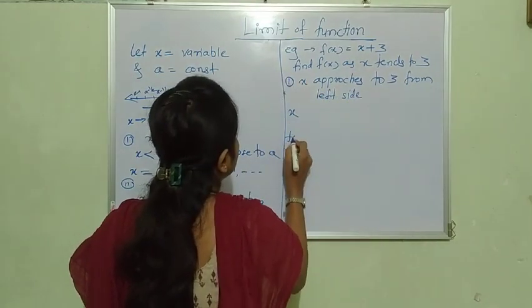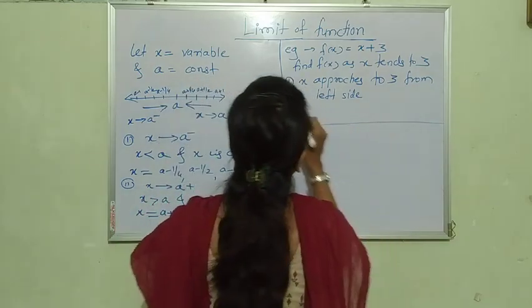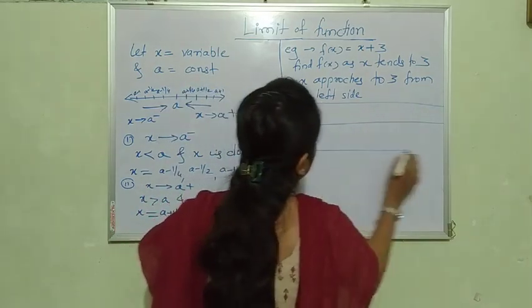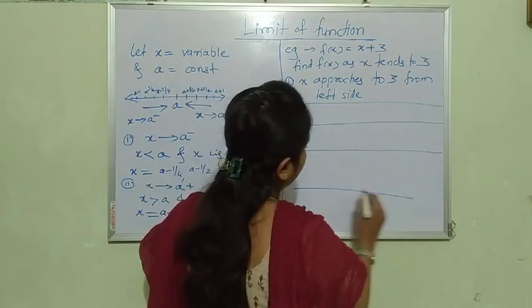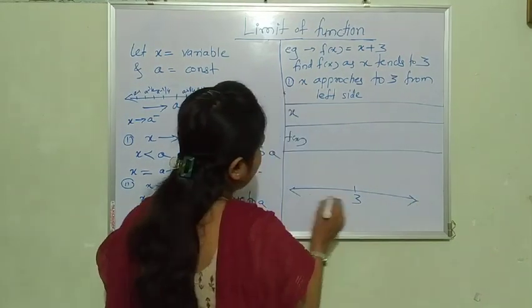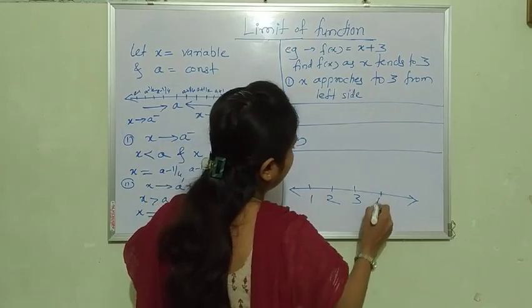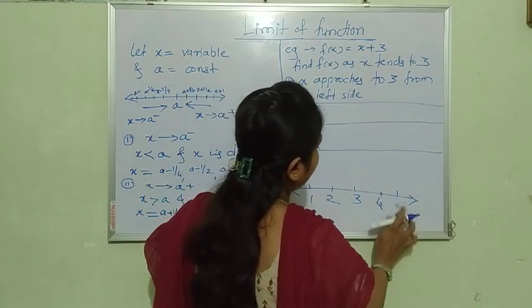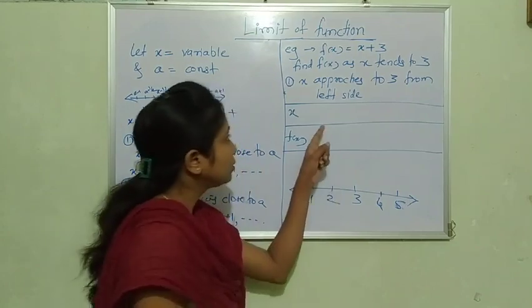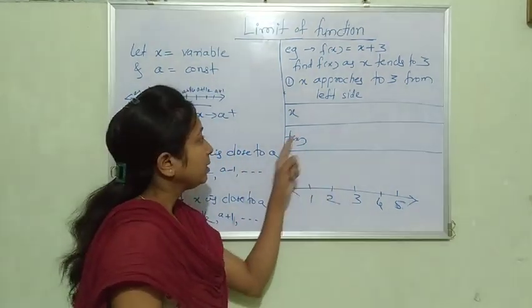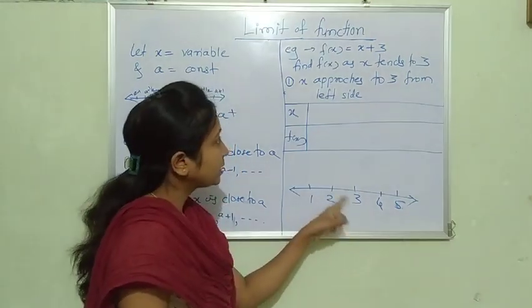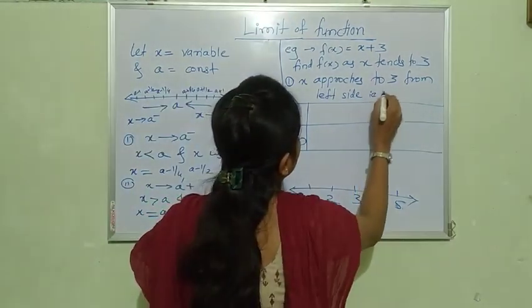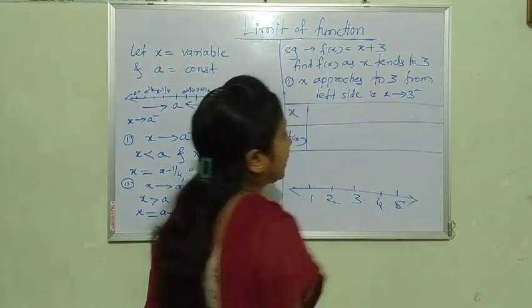This is my real line: 3, 2, 1, next values 4, 5. We are taking values of x which are close to 3 and less than 3. Left side means x tends to 3 minus.